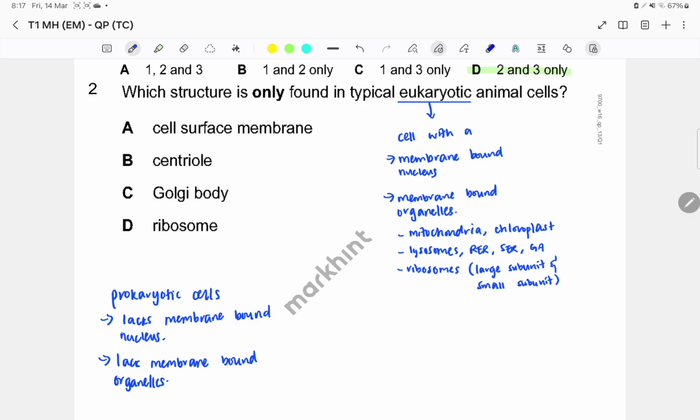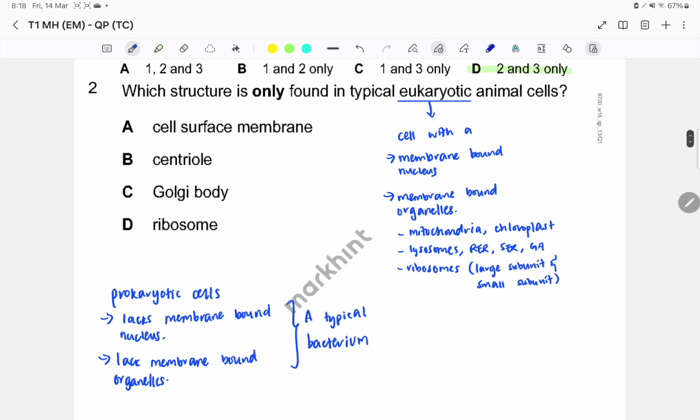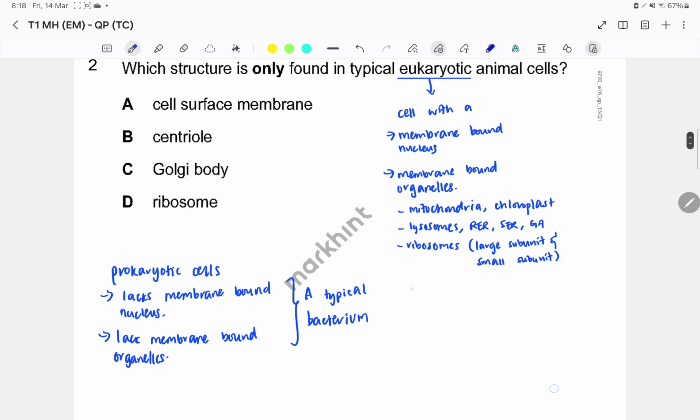So, which structure is only found in a typical eukaryotic animal cell? For the prokaryotic cell, the example that we need to know is a typical bacterium. In our syllabus, we need to know that a typical bacterium must always have, number one, a cell wall, and that cell wall is made up of peptidoglycan.